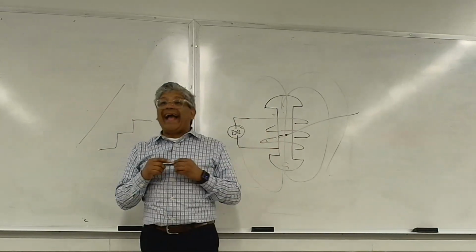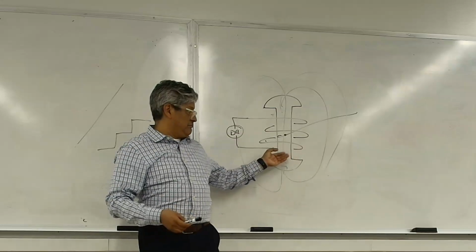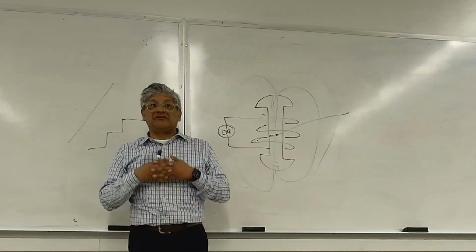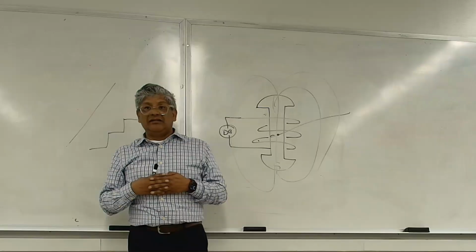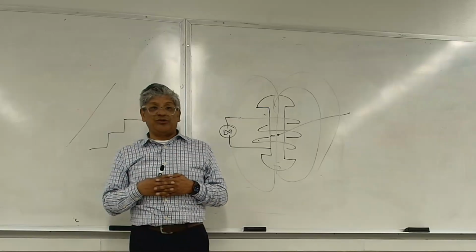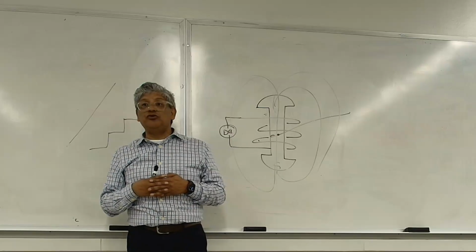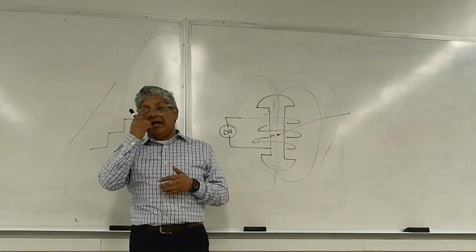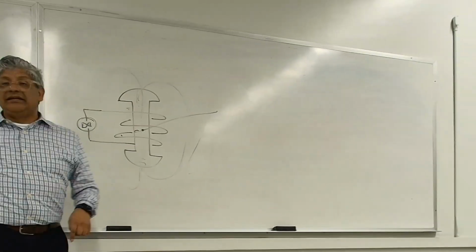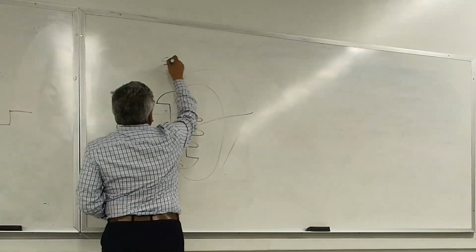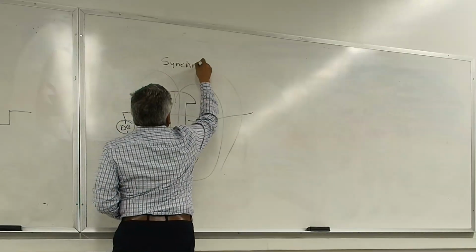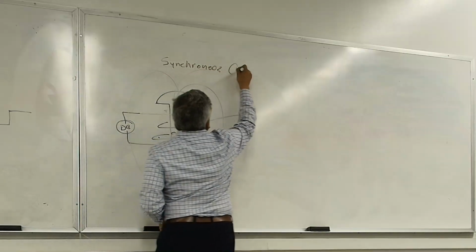Now, you can have a synchronous machine that is neither a motor nor a generator, it's just rotating to produce vars. And there's a name for those. The one that I showed you on the slide is what we call a synchronous condenser.